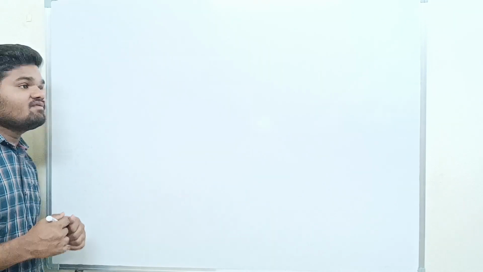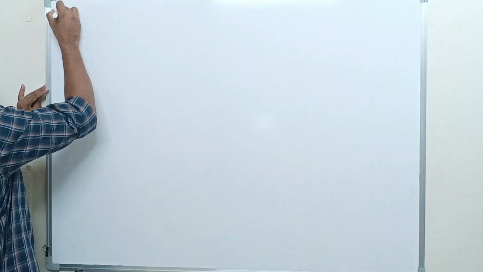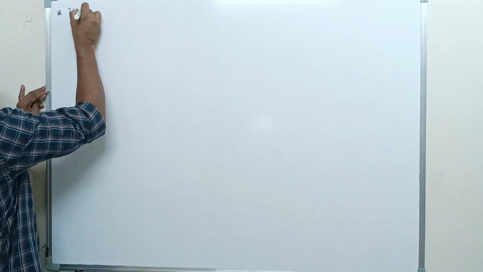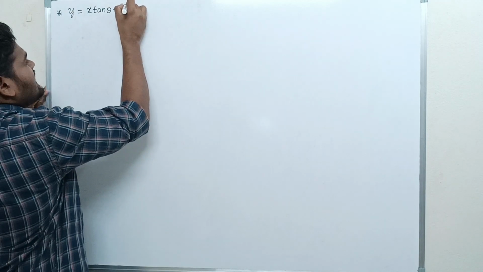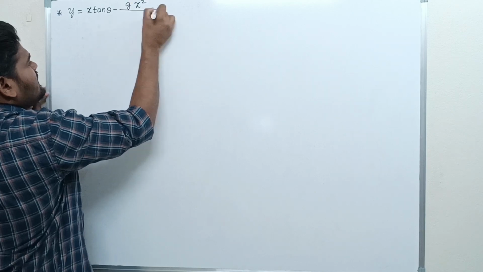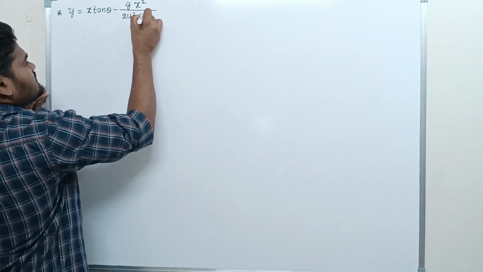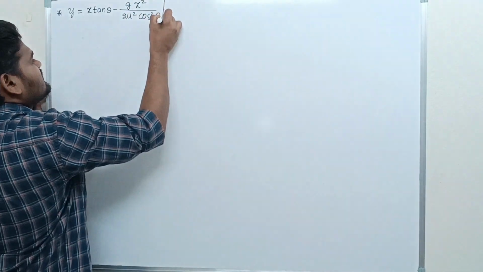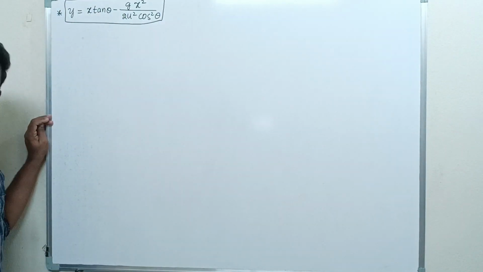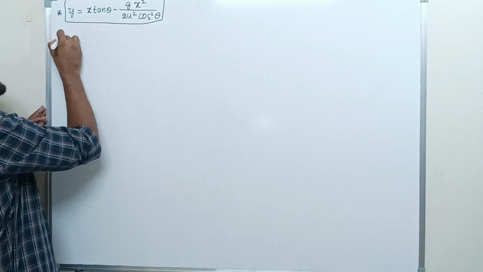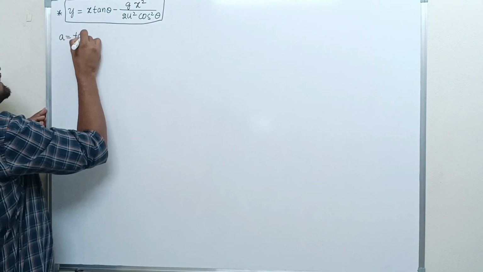Right. So have a look. We got an equation of trajectory. So what is that? y is equal to x tan theta minus gx square divided by 2u square cos square theta. This is the equation of trajectory that we got. Right. So have a look. We have taken a is equal to what? a is equal to tan theta.